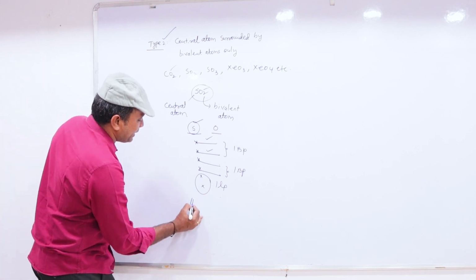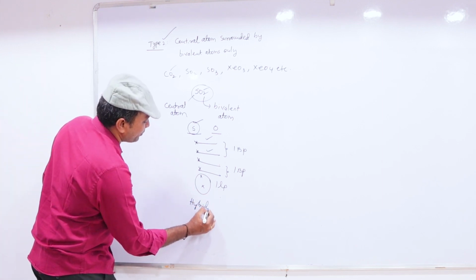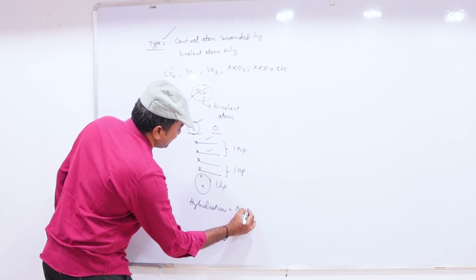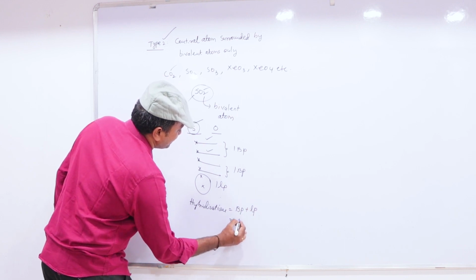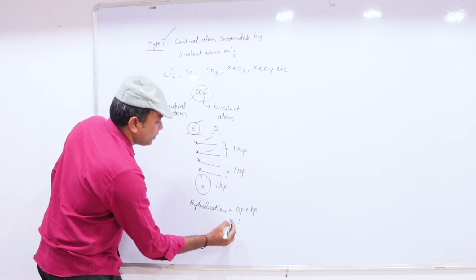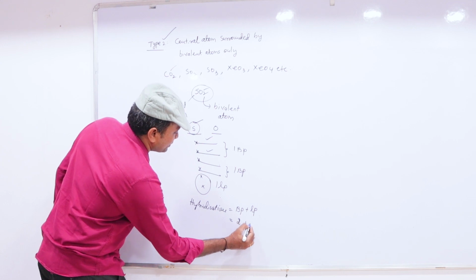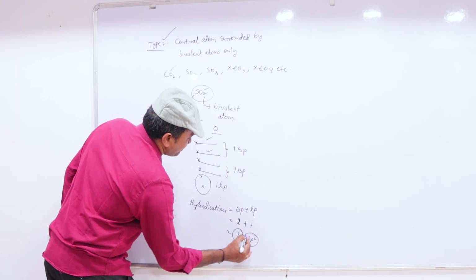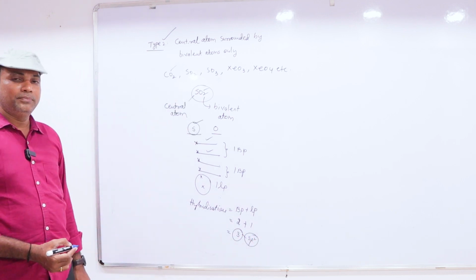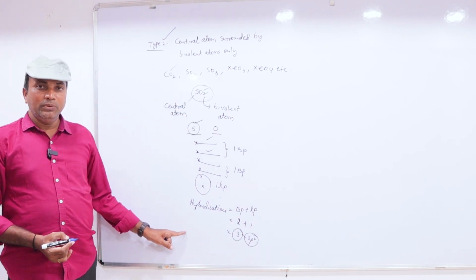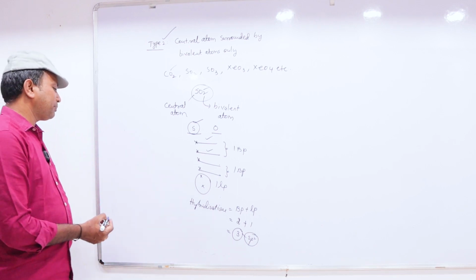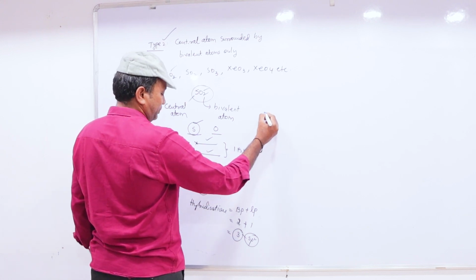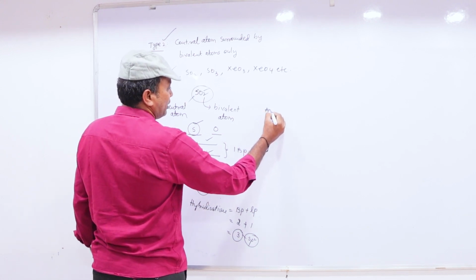Already we decided hybridization equals bond pairs plus lone pairs: 2 plus 1, 3, means sp2 hybridization, and the shape is angular.